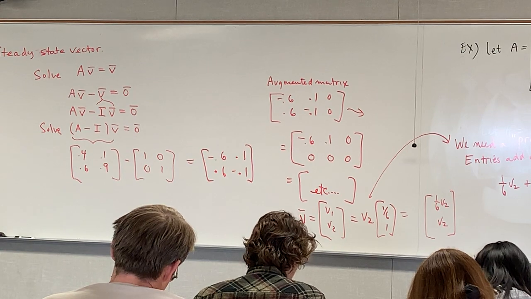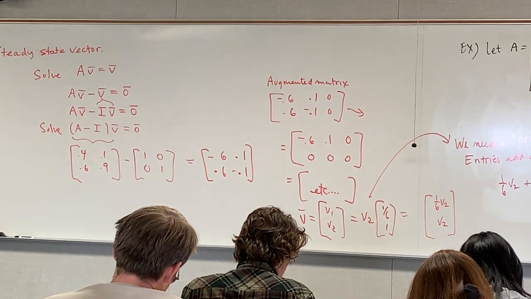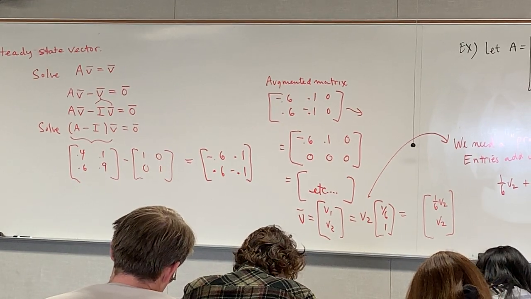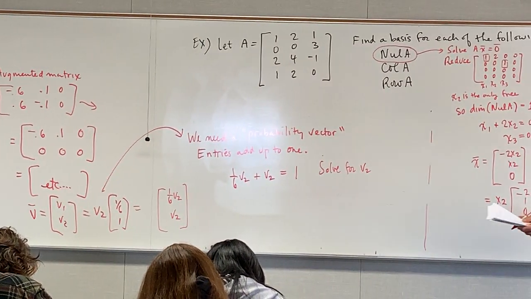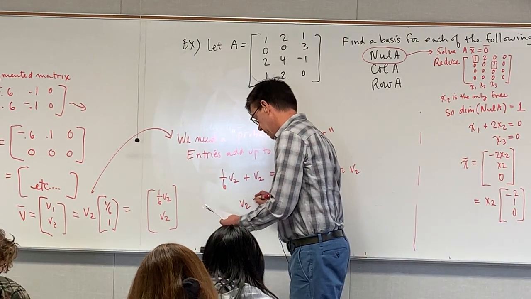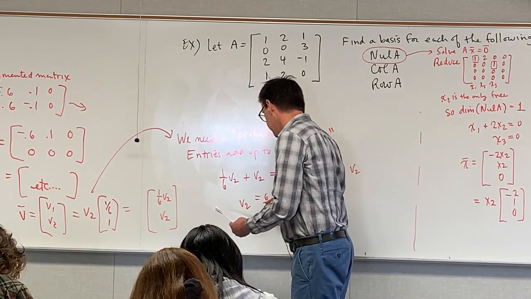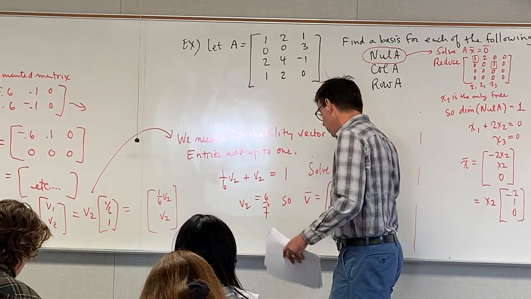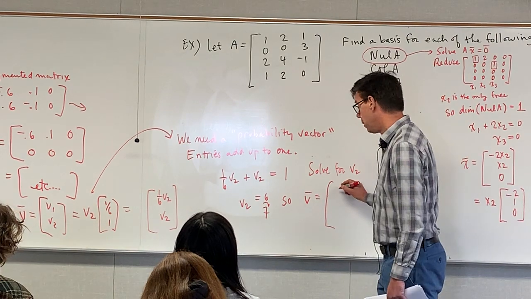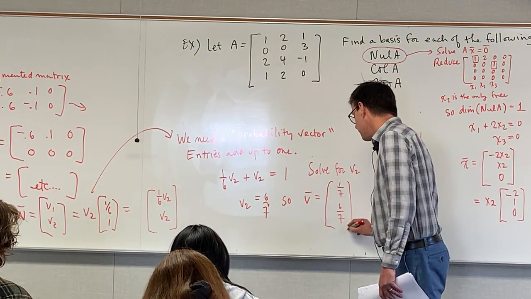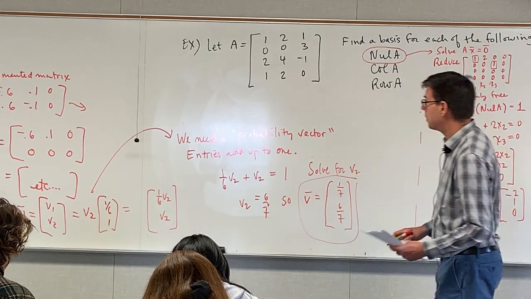So you actually solve for a particular value of the scalar that gives us one very particular vector. And here V2 is 6/7. So our probability vector V turns out to be 1/7, 6/7 in this case. That would be the answer.